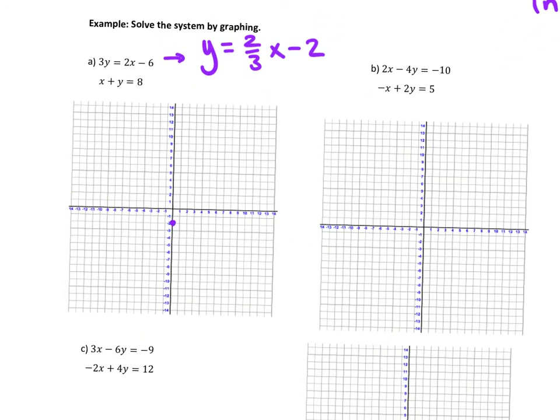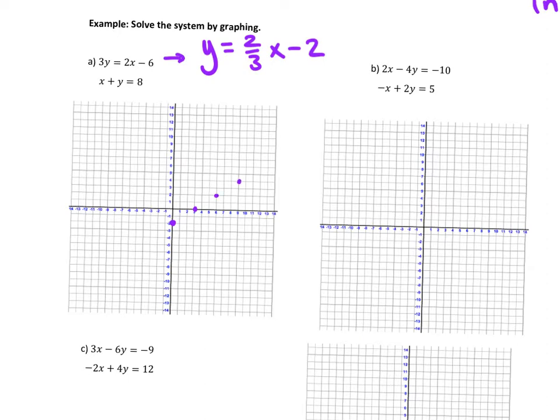My slope says go up 2 over 3, up 2 over 3, up 2 over 3.